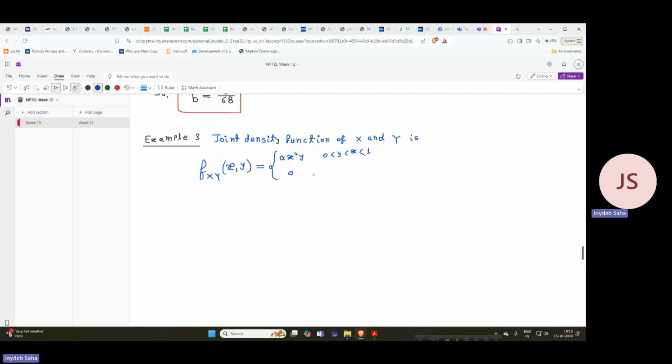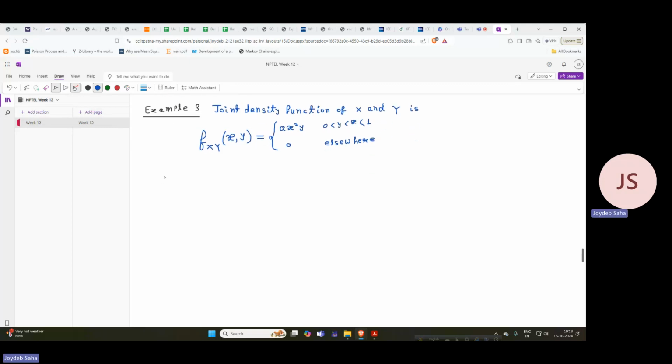Okay, and 0 elsewhere. Fine. The question is find A. First question, find the value of A.